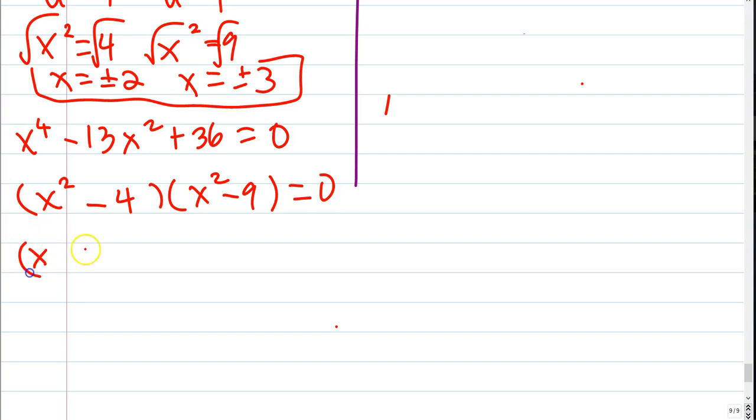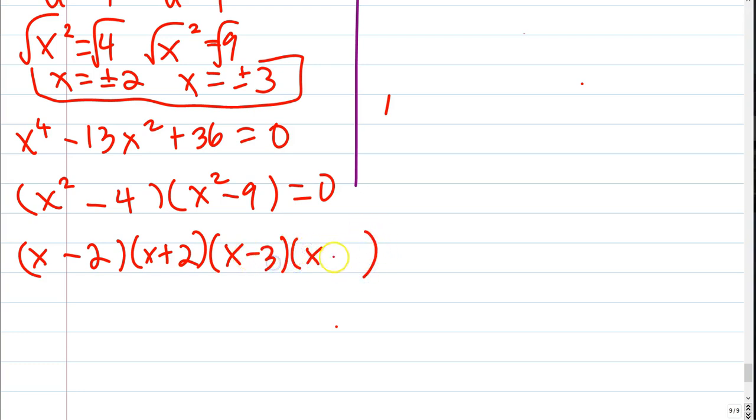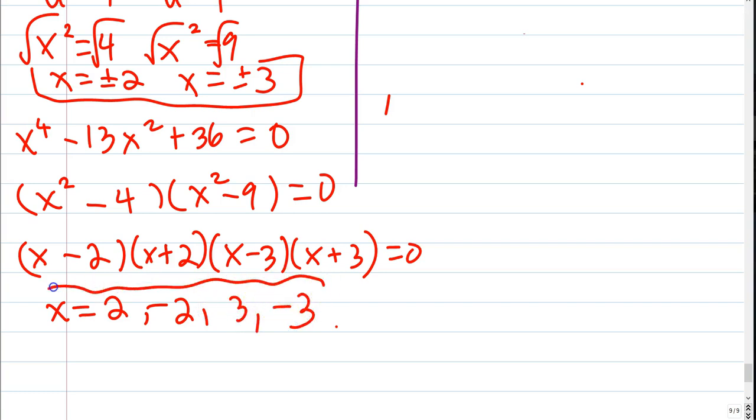What multiplies to make x squared, what multiplies to make the 4, what multiplies to make x squared, what multiplies to make the 9. And notice I end up with 4 answers. Positive 2, negative 2, positive 3, and negative 3.